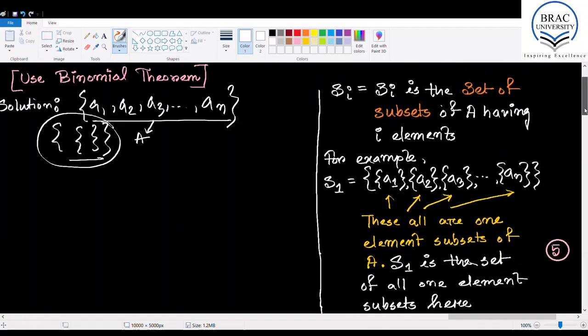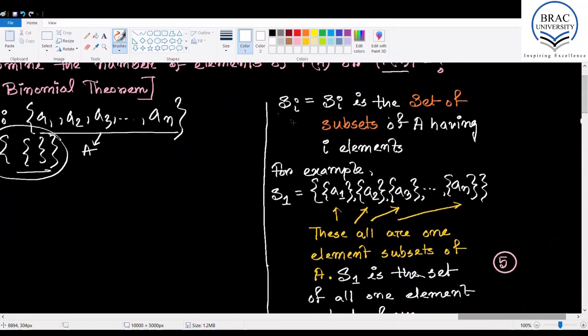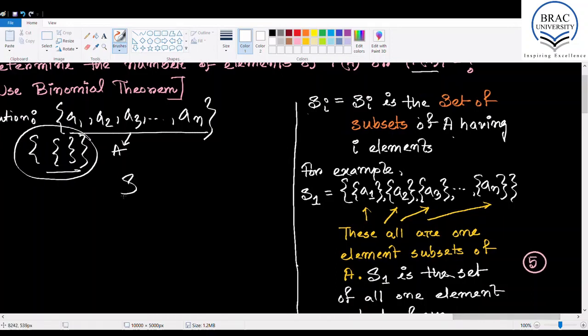Okay, you cannot understand this, I know. Let's see. Si is a set. What is Si? Si is the set of subsets of A having i elements. Let's compare this. S0 is the set of subsets having 0 elements in it.